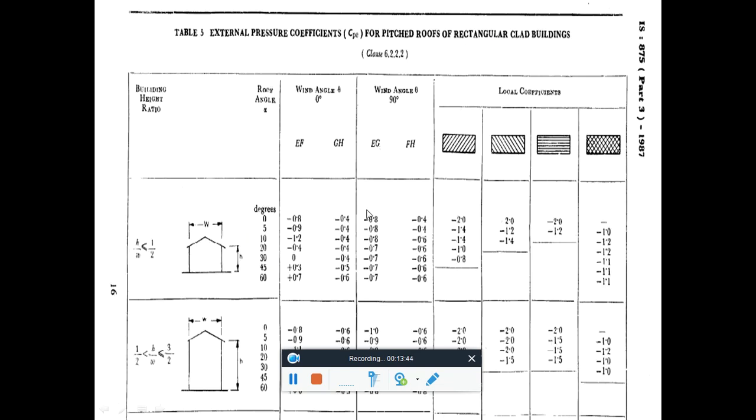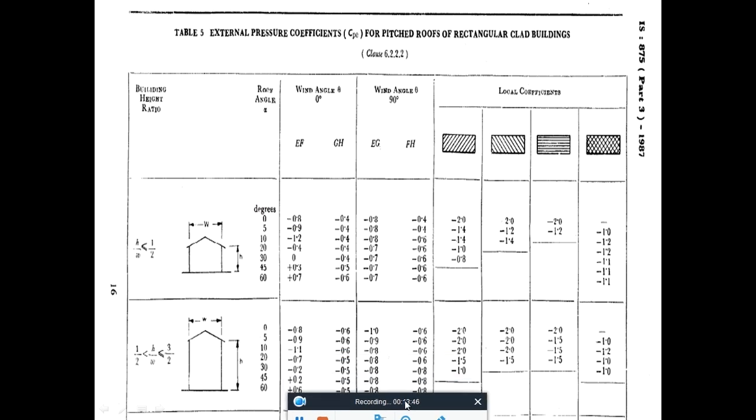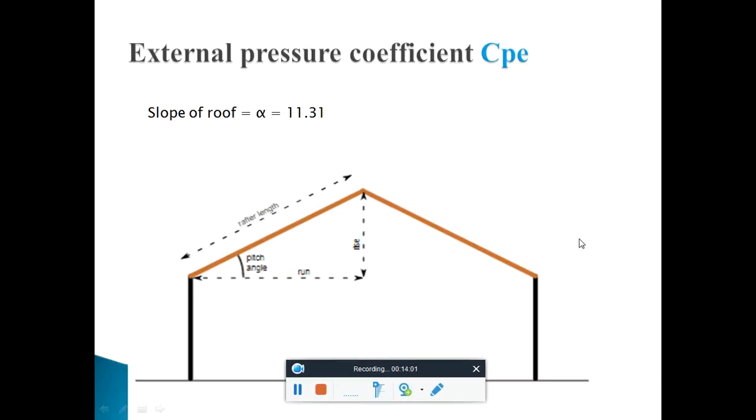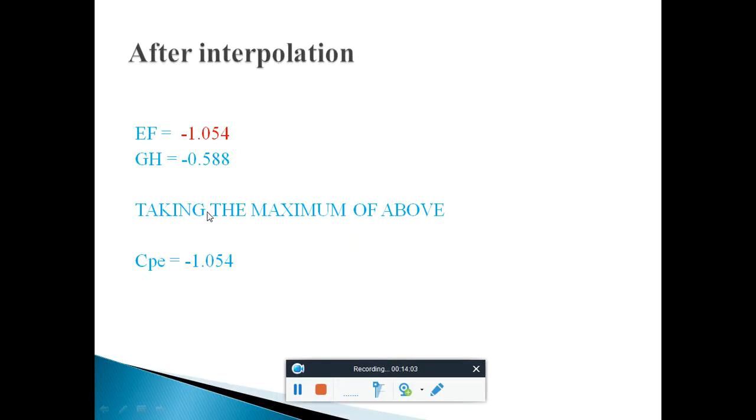You can calculate for theta 90 degree also, but I have just calculated for the maximum one, and these are 0.8 and 0.6. So definitely our maximum value comes in these two. So take the maximum of the above. If you also calculated for 90 degree, then out of 4 take the maximum value as CPE.